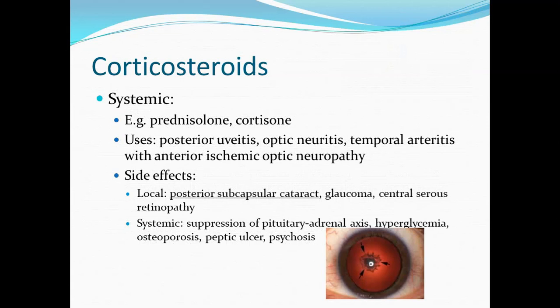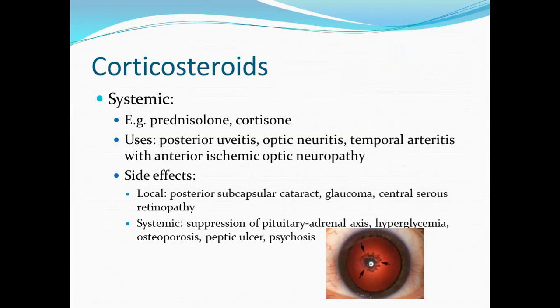The systemic corticosteroids are prednisolone and cortisone. So the indications are posterior uveitis, optic neuritis, temporal arteritis with anterior ischemic optic neuropathy. So these are all indications for systemic corticosteroids. What are the adverse effects of systemic steroids? Posterior subcapsular cataract. This is more commonly seen with systemic steroids.